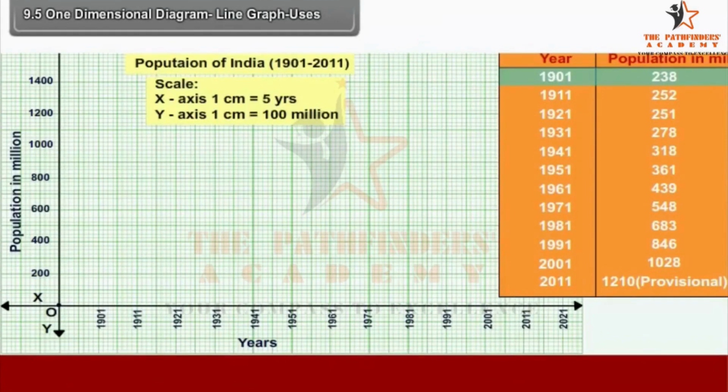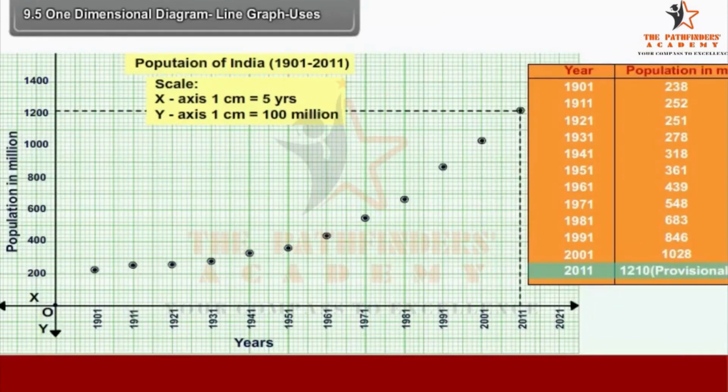Year 1901, 238. 1911, 252. 1921, 251. 1931, 278. 1941, 318. 1951, 361. 1961, 439. 1971, 548. 1981, 683. 1991, 846. 2001, 1028. 2011, 1210, provisional.